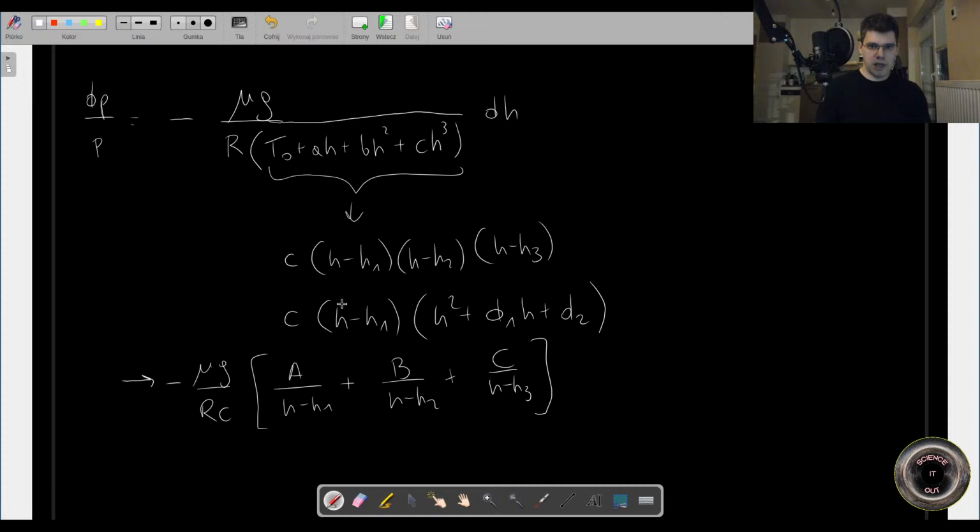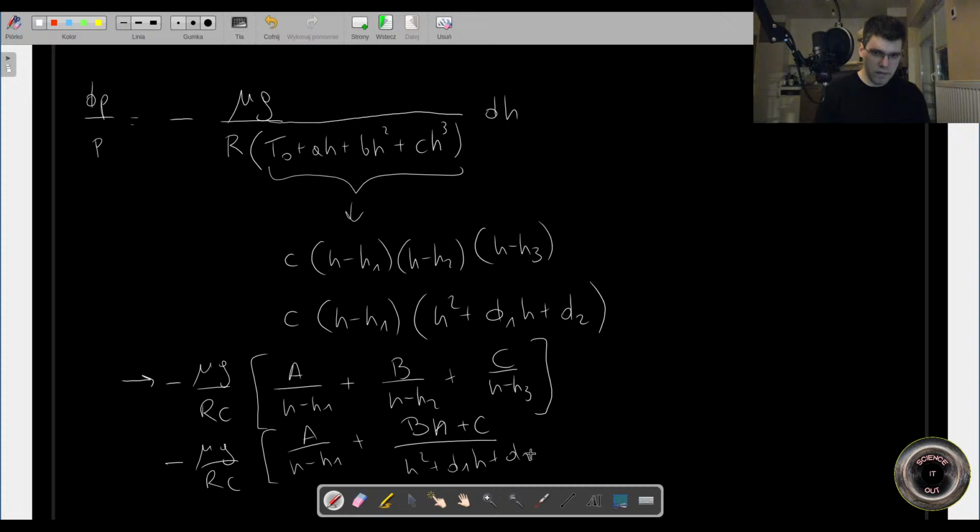So that's in the first case, and such a function is much easier to integrate because this is basically a sum of logarithms then. Or we can get minus g over RC, and this will be a over h minus h1 plus bh plus c over h squared plus d1h plus d2. So that's the second case.